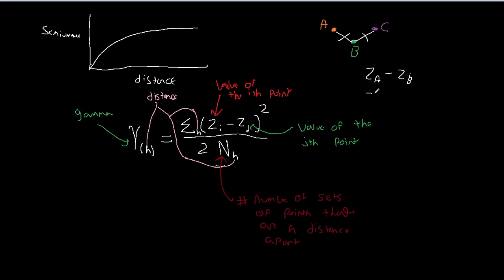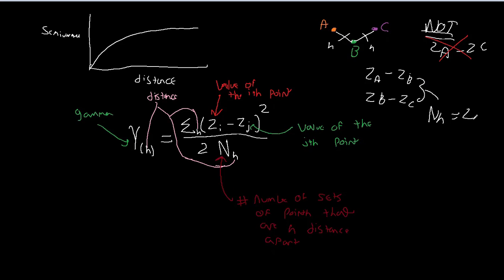Then we would also do ZB minus ZC, because these are the same distance apart. We would not do ZA minus ZC, because this is not the same distance. If we call this distance h, we would have one set of points, two sets of points. So in this case, n sub h would equal 2.